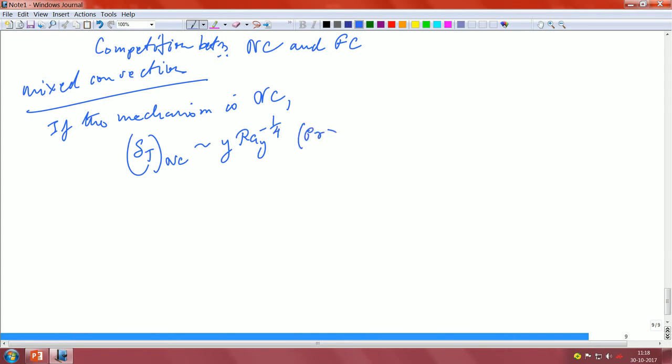This we already saw for the Prandtl number greater than 1 limit. So, the thermal distance between the fluid and the wall is basically given by that.